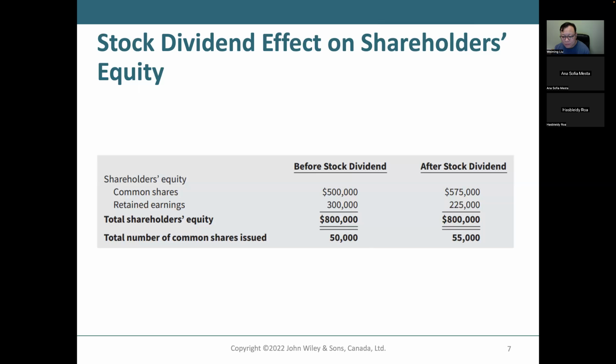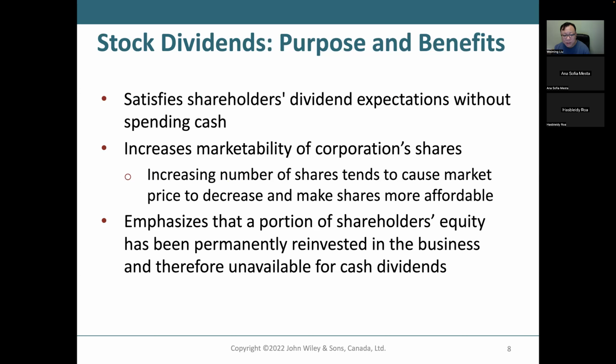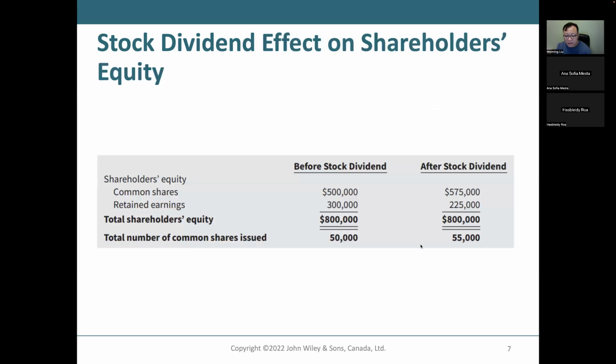So that's the average cost. Now, the company issued a stock dividend. So the average cost of the share is $500,000 divided by 50,000, so the average cost for each share is $10, right?